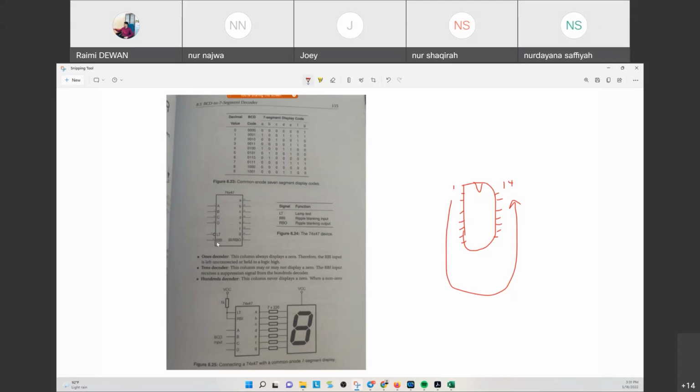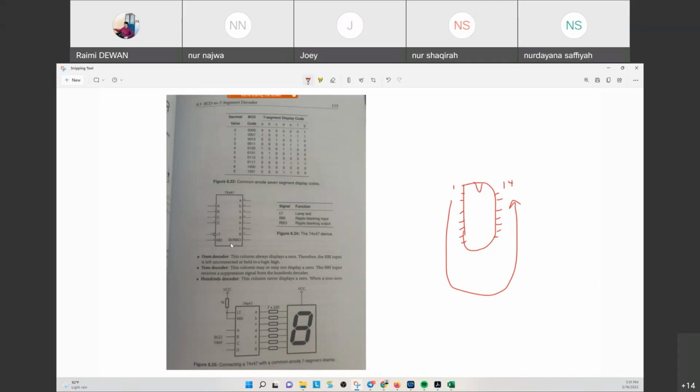And then it mentioned here is RBI. Which paragraph? Here, page 114, paragraph number 4: the RBO and RBI pins are useful when multiple decoders are linked to form a multi-digit display.